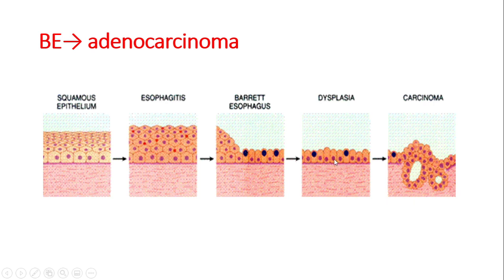Dysplastic changes can occur, low-grade and high-grade in steps, even into invasive carcinoma, glandular formation, and invasive cancer-forming glands, that is adenocarcinoma. So esophageal adenocarcinoma can complicate Barrett esophagitis.